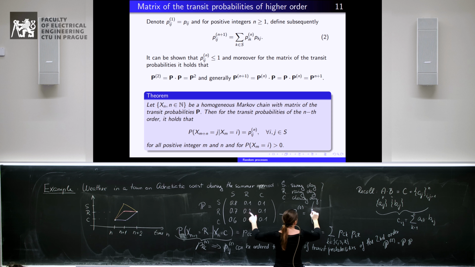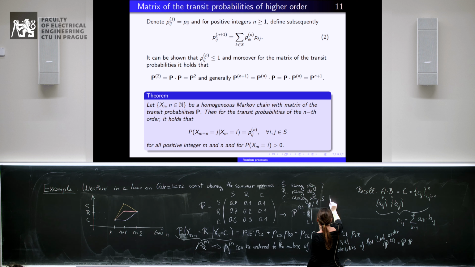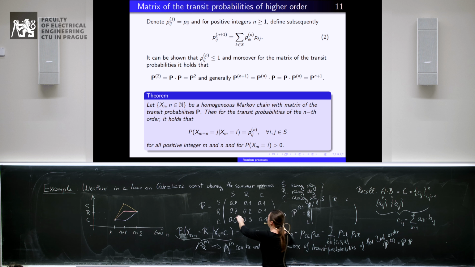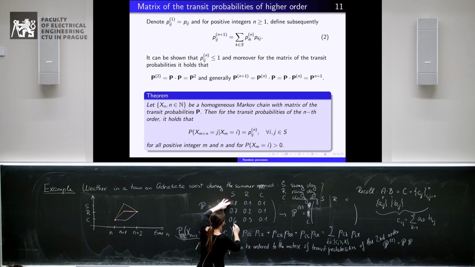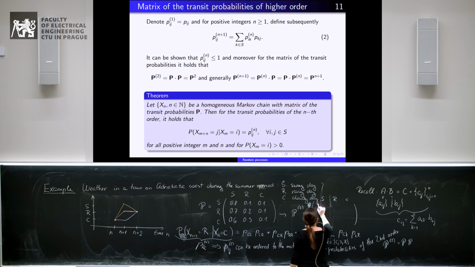In the first row and the first column, we have 0.8 times 0.8 is 0.64 plus 0.07 plus 0.06.